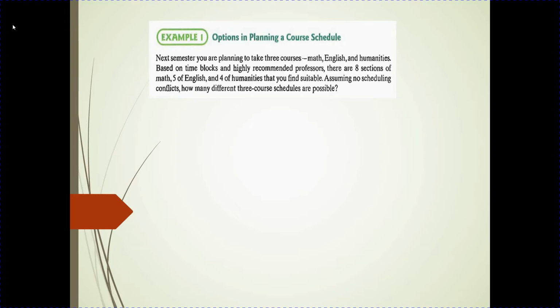You have three courses: Math, English, and Humanities. And for each course, there are different sections. For example, for Math, you have 8 sections, for English, five, and for Humanities, four. So what you are going to do is apply the fundamental counting principle.